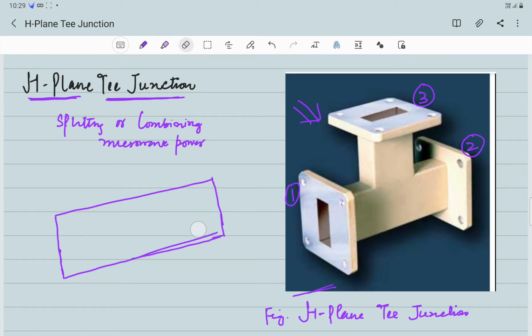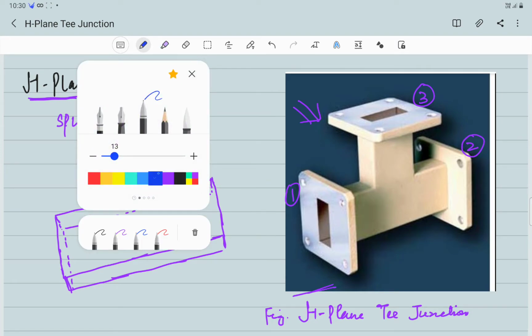So what we do is that, let me draw a waveguide first, a rectangular waveguide. This is how I draw it. This is a rectangular waveguide.